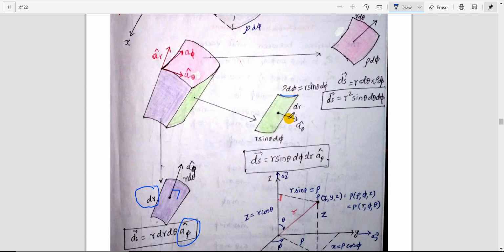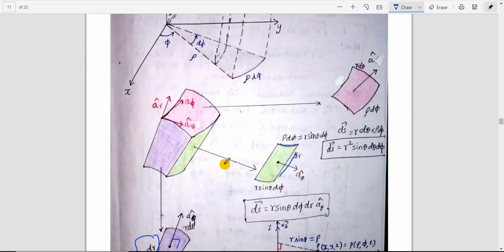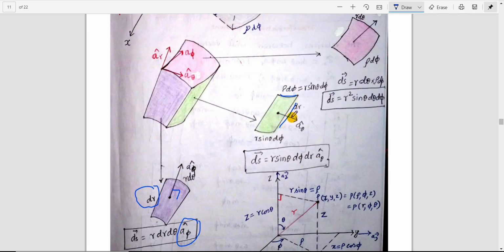So this part is rho into d phi, and this particular length is called dr. Why dr? Because in this direction we have the r vector, and in this direction it represents r plus dr. So this length is called dr. We can define this surface as ds is equal to a phi, rho into d phi into dr. Here you can also represent this from the cylindrical coordinate system.